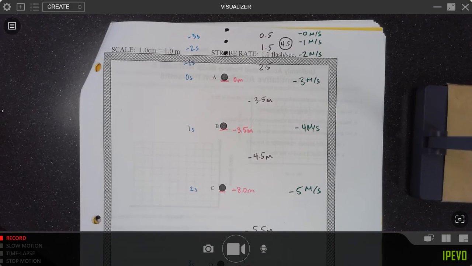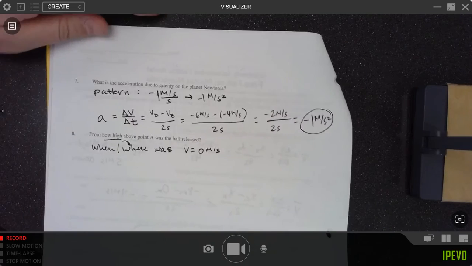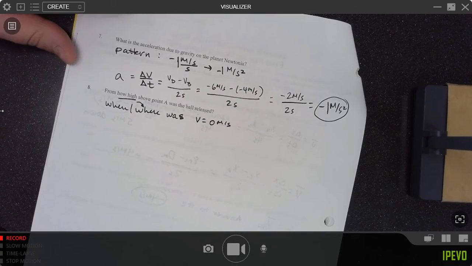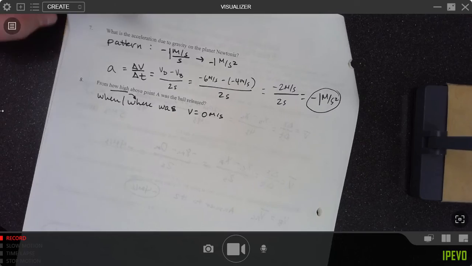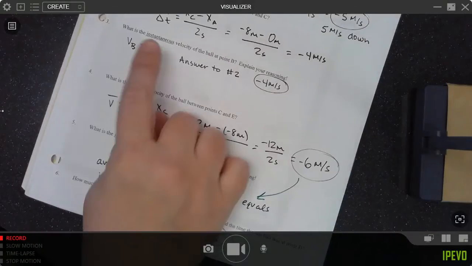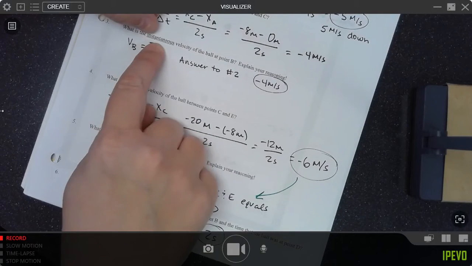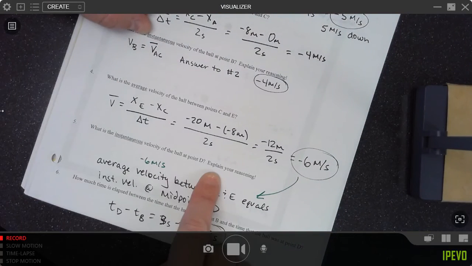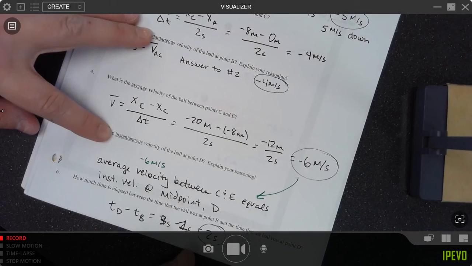Sam, for 7, why do you use B and D? Why did I use those two? Because those are the ones that we calculated over here. So we calculated instantaneous velocity at B and instantaneous velocity at D. So you can just do any 2 points.